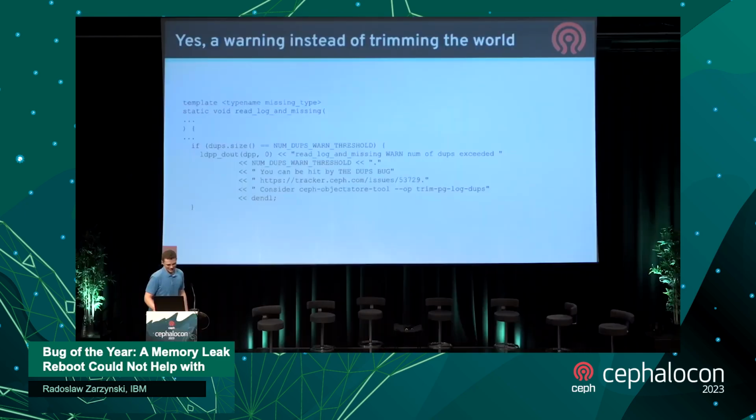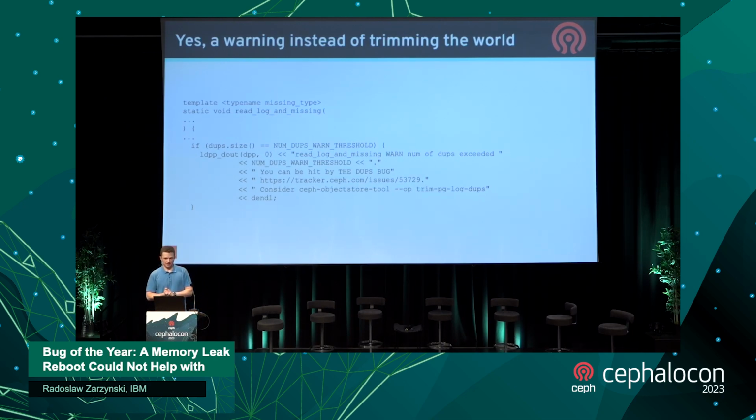So what we did, a warning. We kept it as simple as possible. We are trimming those inflated entries, yes, but over a prolonged period of time. We are mixing those deletes with regular writes to the pglog to not accumulate too many tombstones in RocksDB.